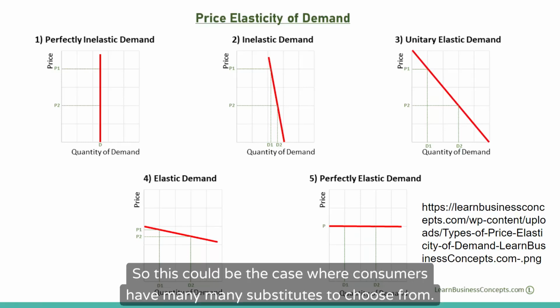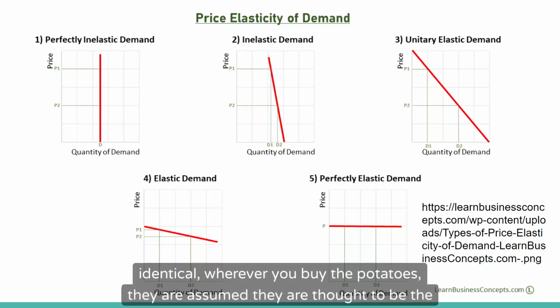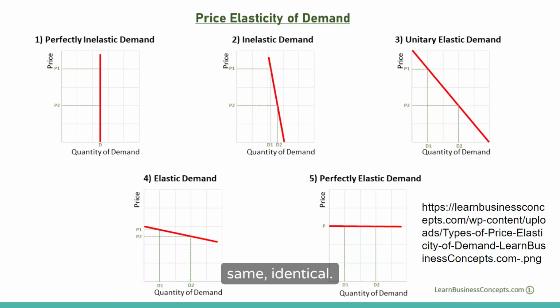So this could be the case where consumers have many substitutes to choose from. So for example, in the market for potatoes, potatoes are seen as identical. Wherever you buy the potatoes, they are thought to be the same, identical.